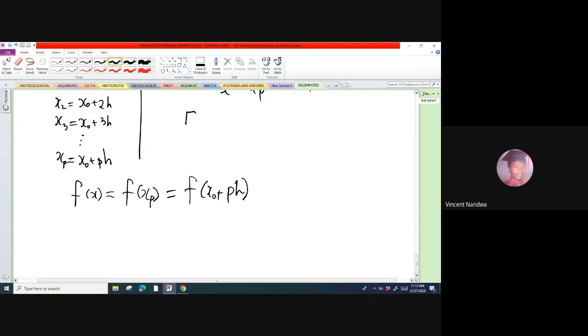But remember, the shift of f of x naught is the same as f of x naught plus h. And then the shift squared of f of x naught is the same as f of x naught plus 2h. And then the pth shift of f of x naught is the same as f of x naught plus ph.